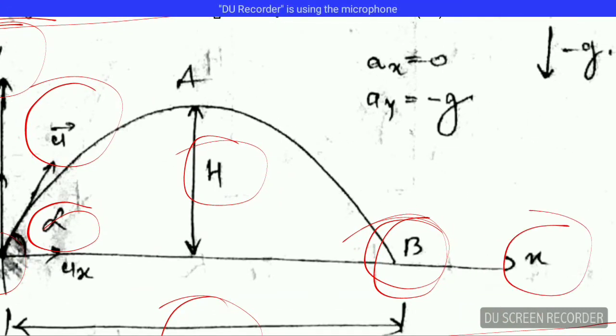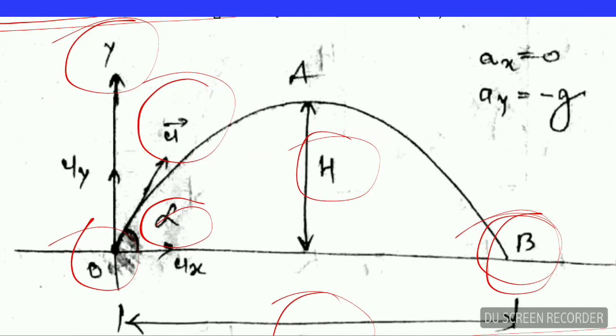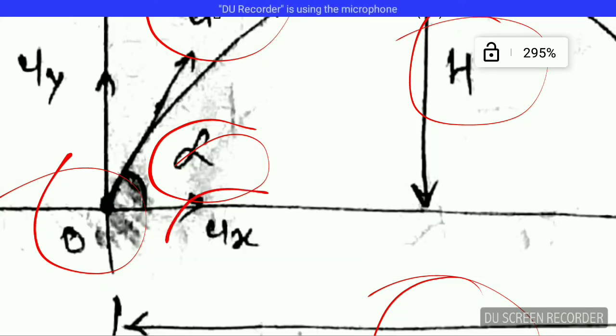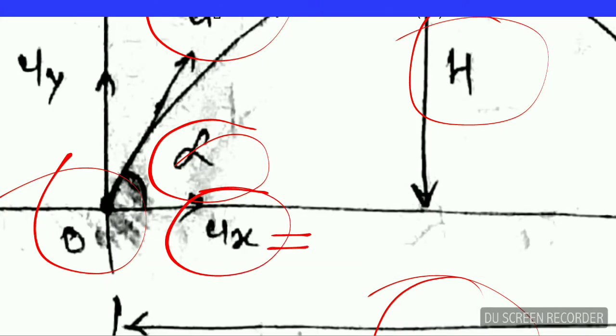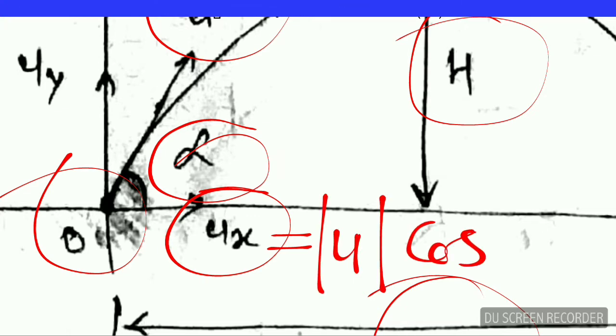At this point it is very important for you to understand that at all times during the projectile motion, the x component of the velocity should be equal to u cos alpha.